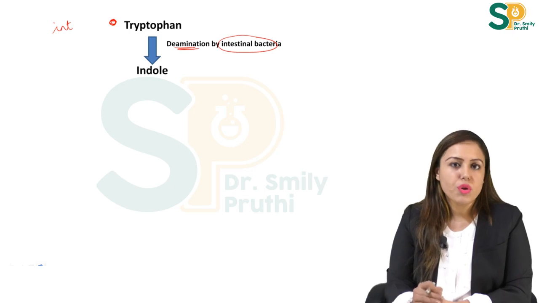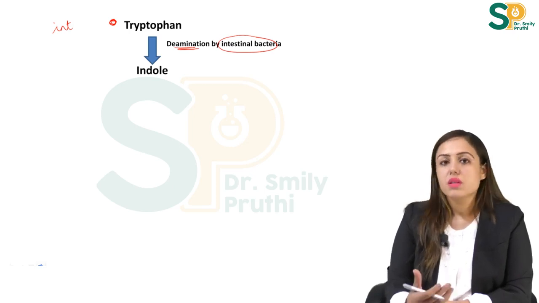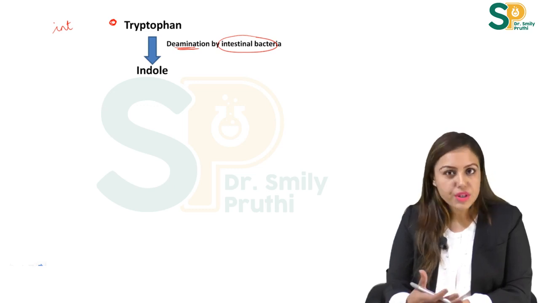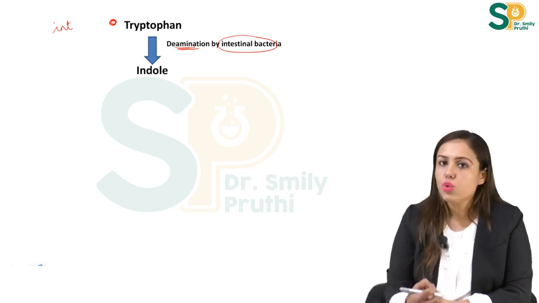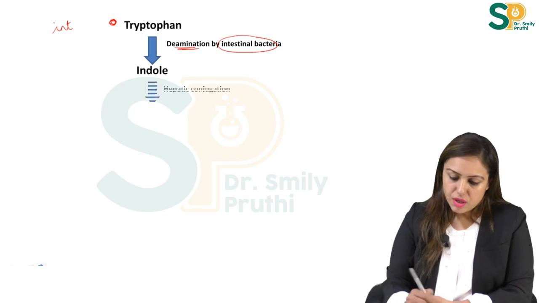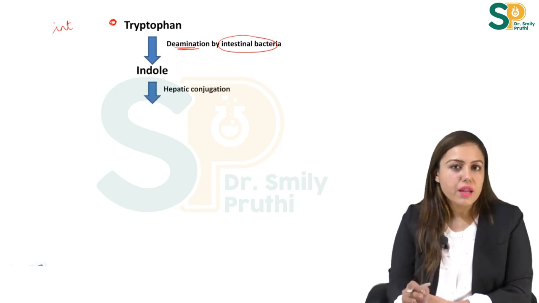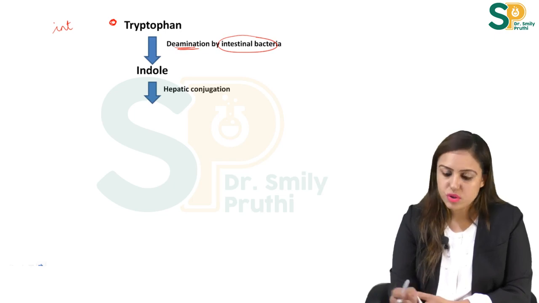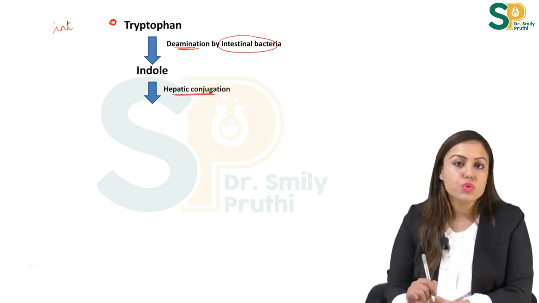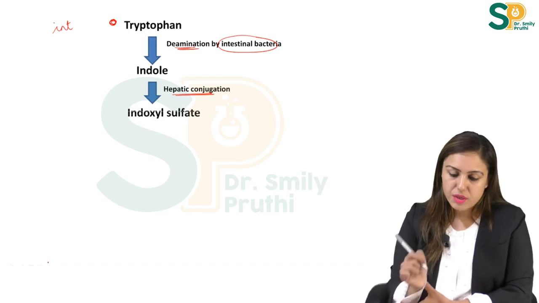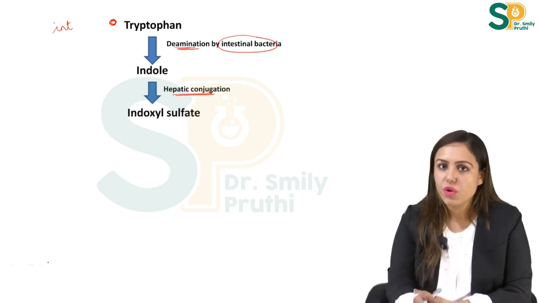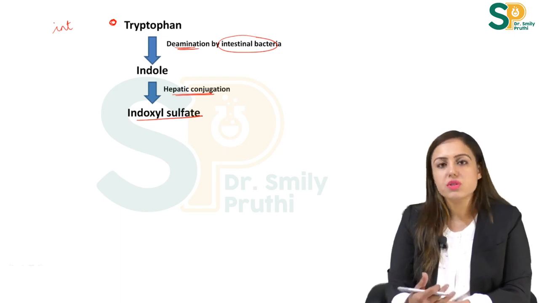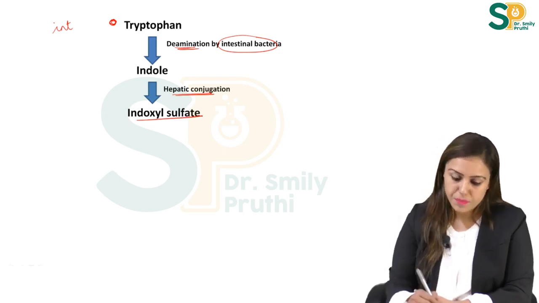There will be formation of indole, right. This indole will be taken by enterohepatic recirculation into the liver, and in the liver hepatic conjugation will occur, leading to the formation of indoxyl sulfate. The conjugation is done with sulfate here, right.